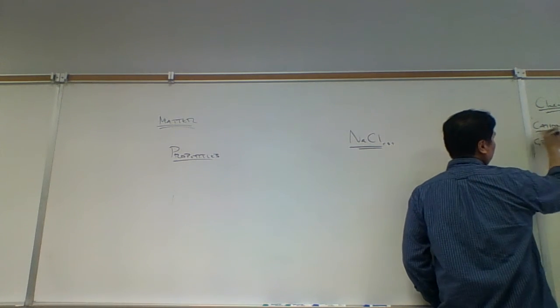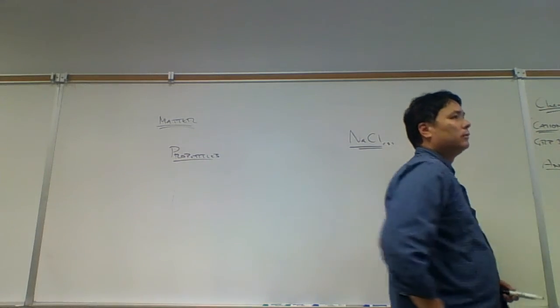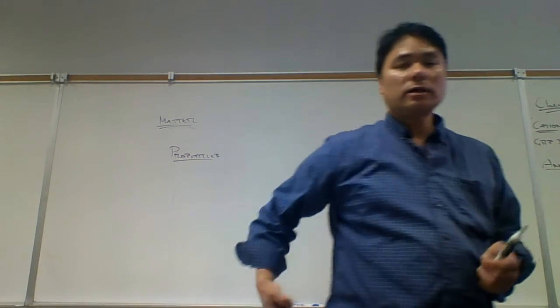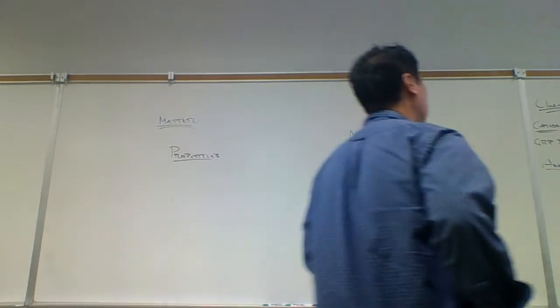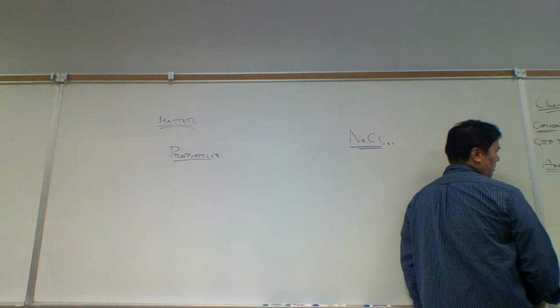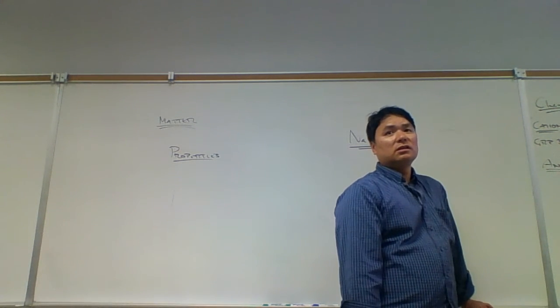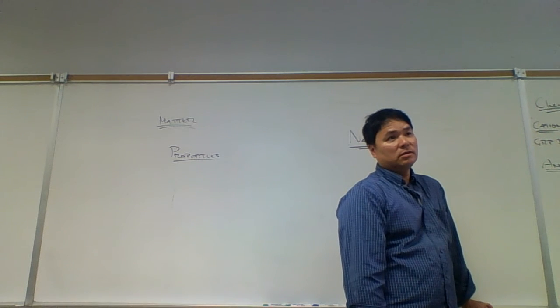Okay, after we look at the cation, then we look at the anion. That's the easiest way of doing it. When we look at the anion, what anion do you look at first? Not the halogens. The halogens are more exceptions. This group has fewer exceptions.